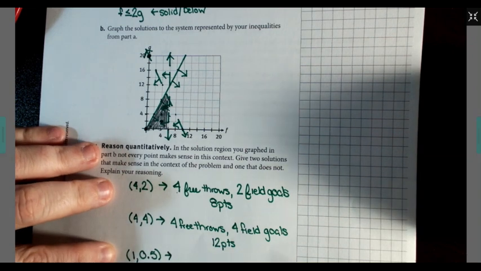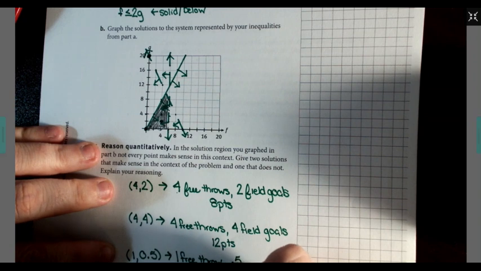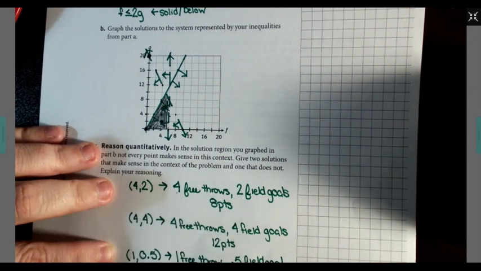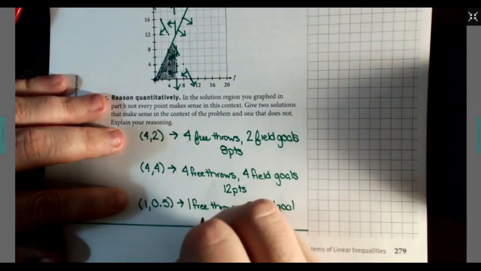That's in the solution section. That means he makes one free throw and he makes half a field goal. Does that make sense? No.